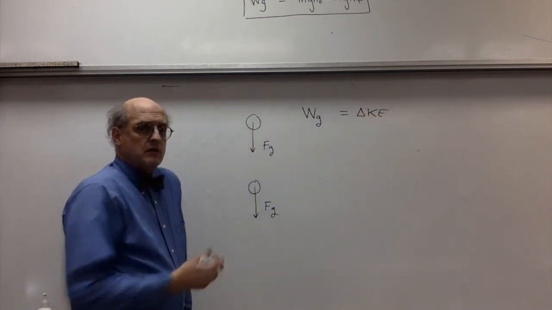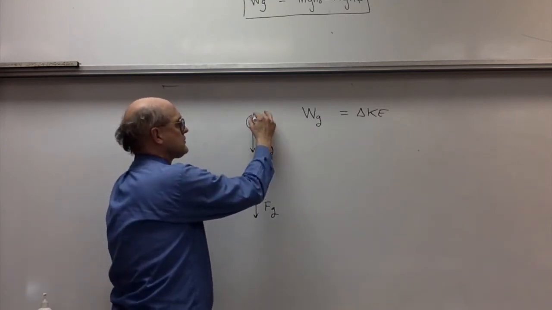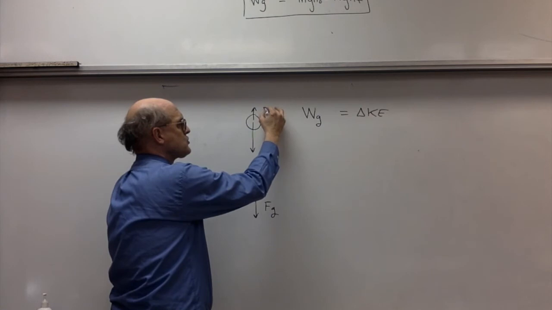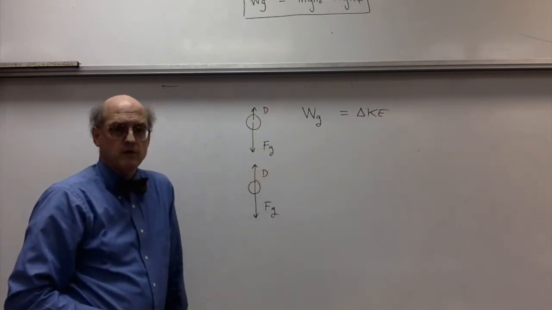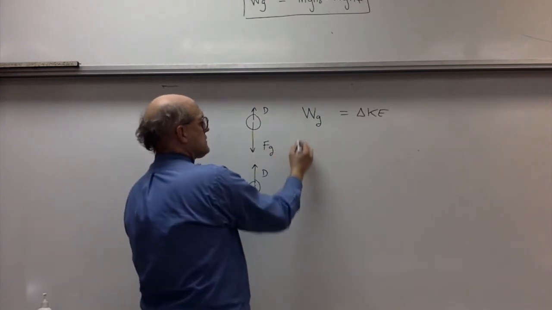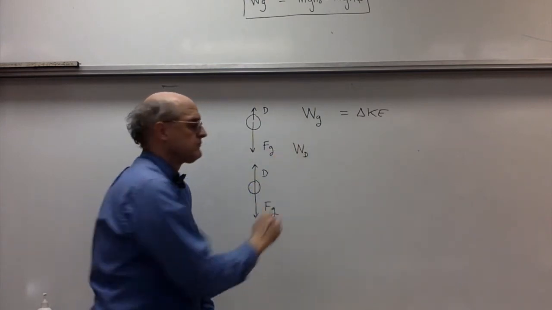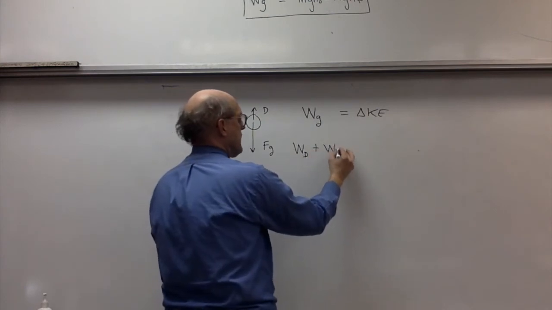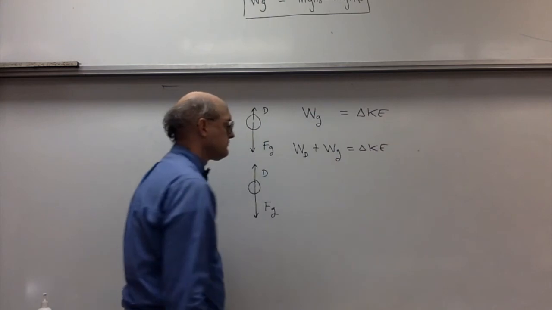But if there's air, there's a drag force upward on the ball at all times. And this force changes, right? It increases as the speed of the ball increases. So we would have to add here the work done by drag to the work done by gravity and set that equal to delta KE.